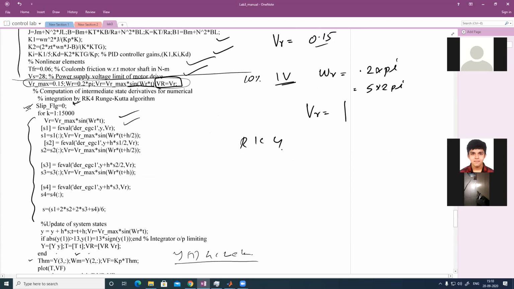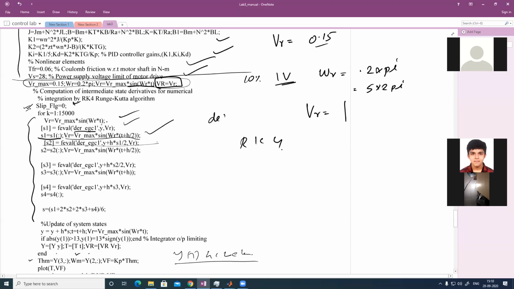S1 you are calculating in the derivative subroutine. So the derivative of EGC1 is named there. You have to make a function of derivative of EGC1. So the passing variables are these two. And S1 you are finding out. And from the current value, you have to modify the sine wave.